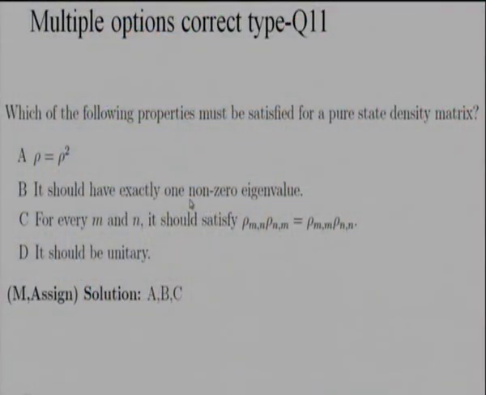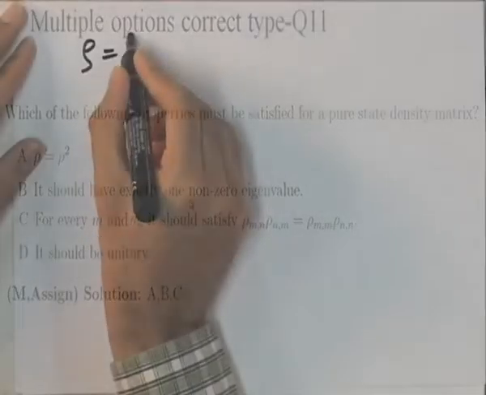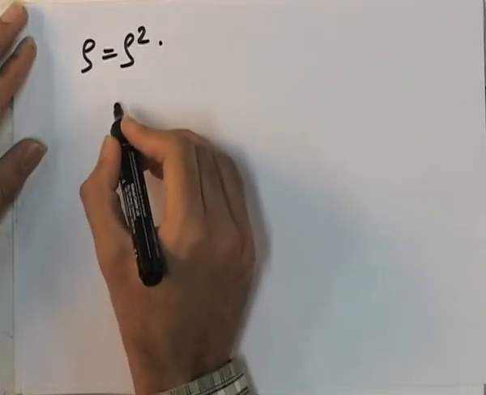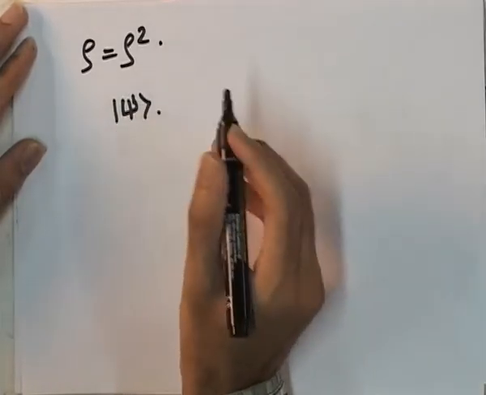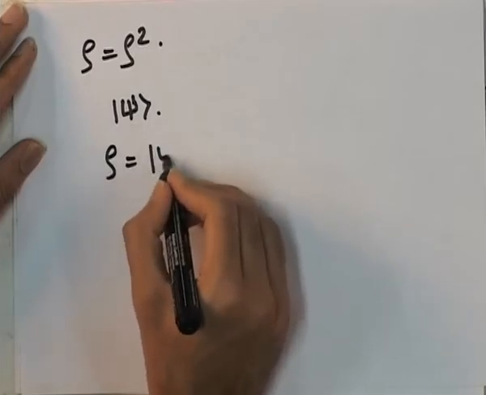Now question 11 is, which of the following properties must be satisfied for a pure state density matrix? So options A, B and C are correct. Let's go through each of them one by one. So the first one is rho is equal to rho square. So for a pure state psi, which is normalized, the density matrix is given by this quantity.